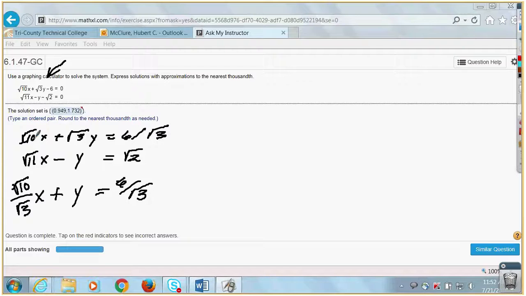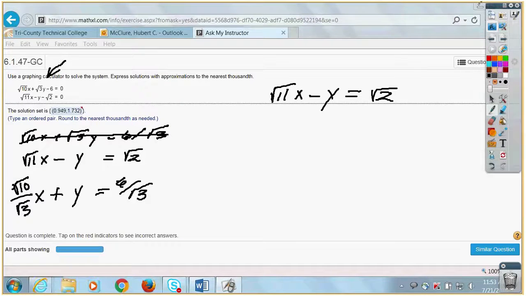So that one's gone away. So now you've got the square root of 11x minus y is equal to the square root of 2.